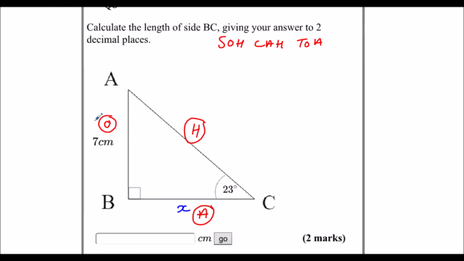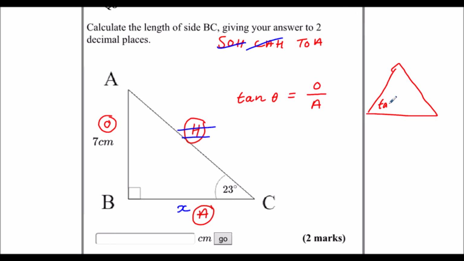So O's in the question, that's with 7. A's in the question, that's with x. H is by itself, so it's not in the question. So it's TOA. So tan with the angle equals O over A. Or if you use a triangle, that's tan with the angle, O and A in the triangle.